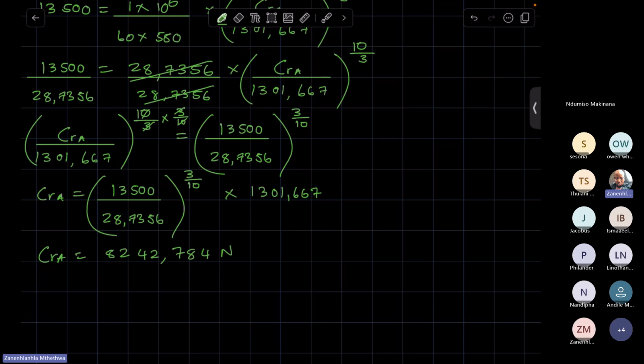So CR for bearing A is equal to this here.